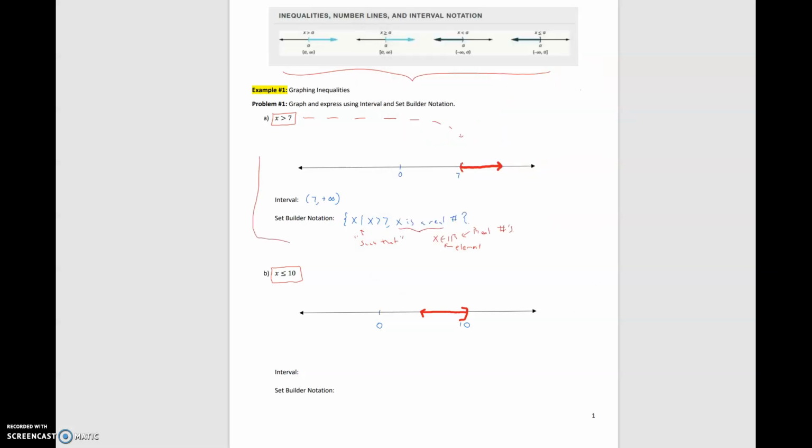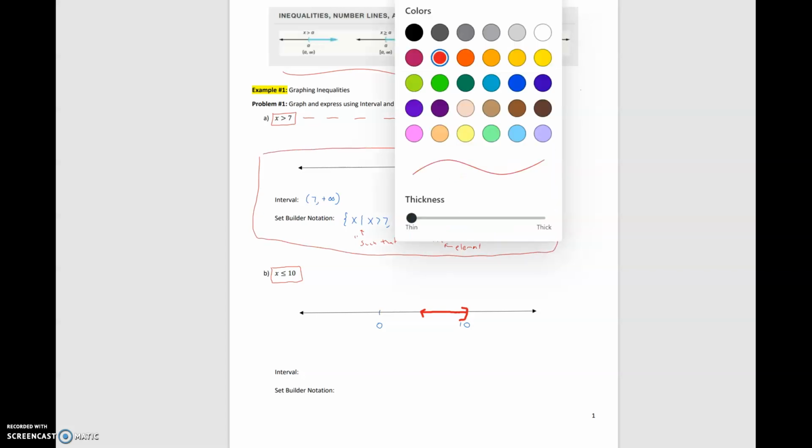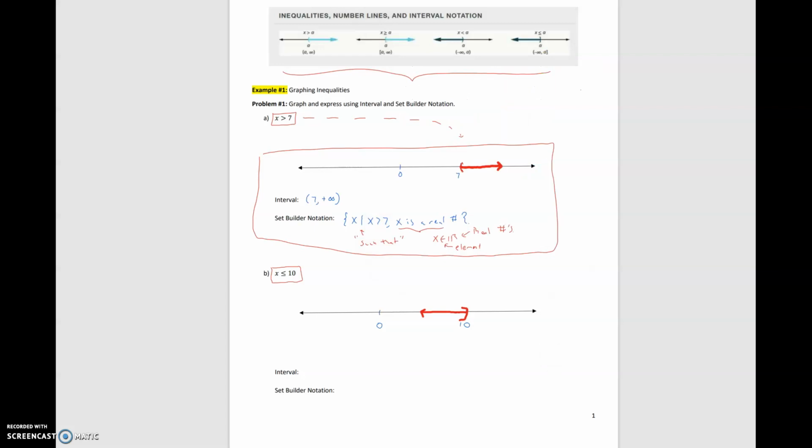Actually, I never boxed in our solution for the previous one. The interval notation is going to be from negative infinity to 10 with a bracket. All the interval notations, you're writing them from left to right, from min to max.